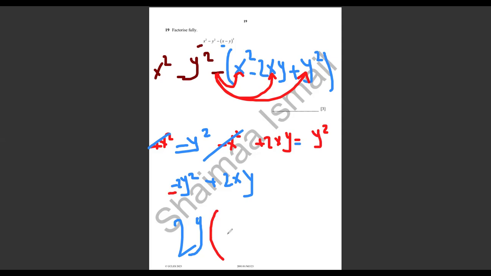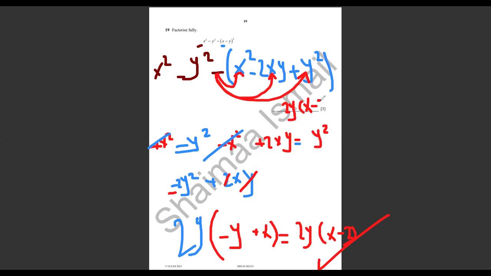So remain here minus y, and here 2 and y, so remain plus x. So we can organize it like 2y multiplying x minus y, and that's it. So this would be 2y multiplying x minus y. I just flipped the places, just to get organizing. Okay.